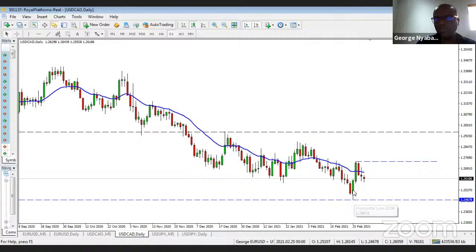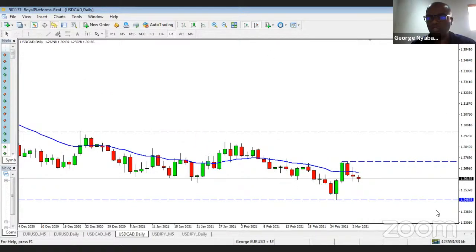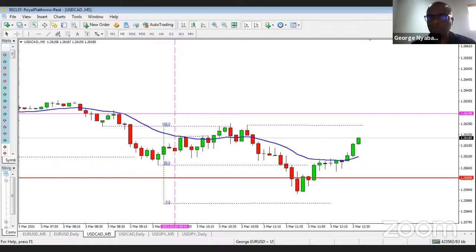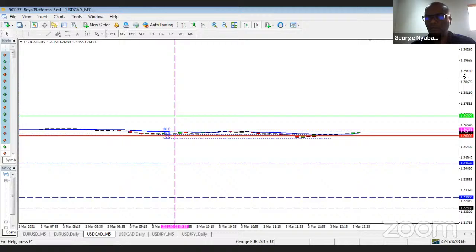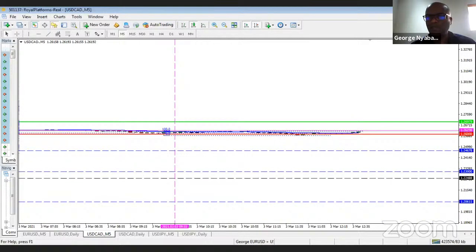So those are the most immediate levels that I need to pay attention to when I go down to the 5-minute time frame. And again, when you come down to the 5-minute time frame, you just have those levels marked, okay, and you just keep them in sight.